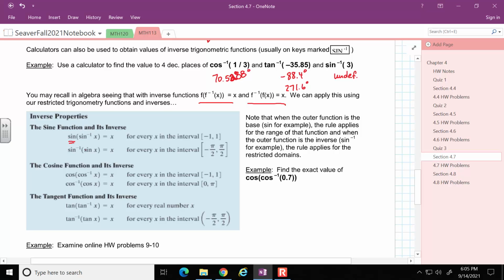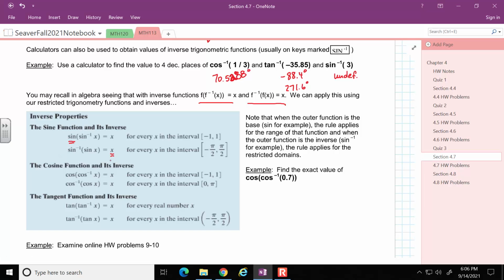On the flip side of this, if I'm taking the inverse sine as the outer function, then my x has to be between -pi-halves and pi-halves for me to be able to say that this rule is going to hold. Okay?